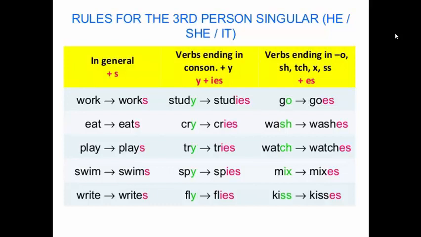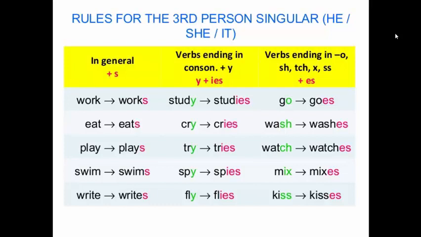But with the verbs which are irregular, like the verbs which end with consonant and y, we remove the y and we add ies to the verb. For example, study becomes studies, cry becomes cries, try becomes tries, spy becomes spies, fly becomes flies.